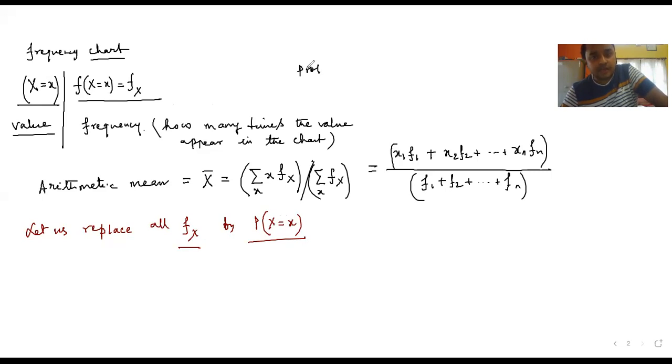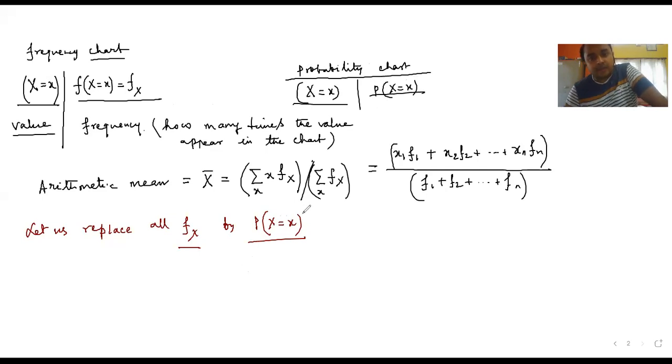So let us write this probability chart. You see, I'm writing the values x, and instead of writing the frequency, I'm writing the probability.